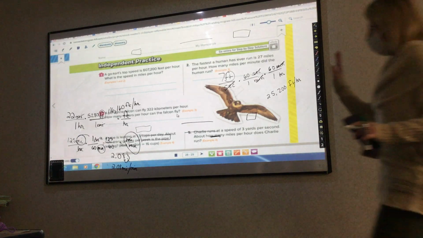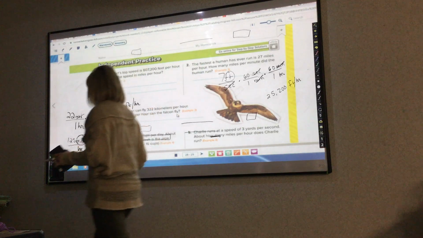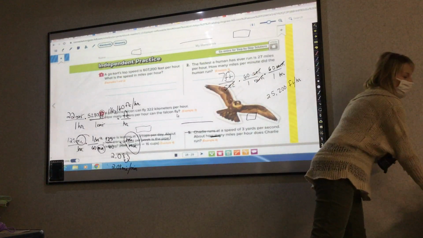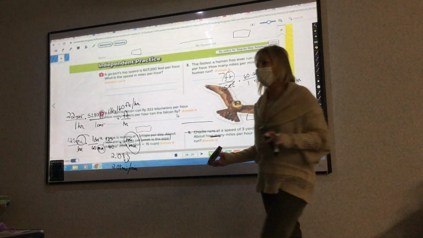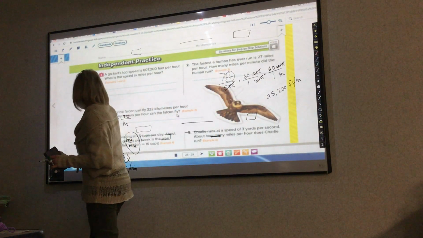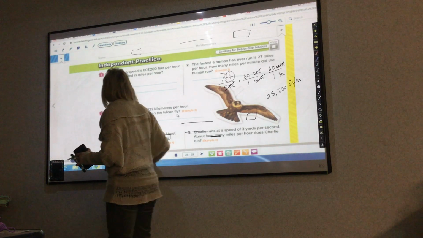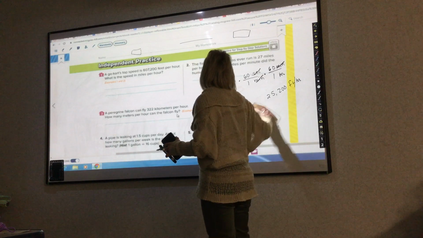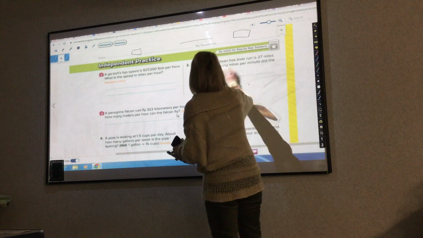You're going to do all of this page, so that's 1 through 6, and then you're going to turn the page and just do number 7. So the only numbers you have to do are independent practice, 1 through 7. Make sure you are showing your work, underlining in the story problem, boxing it in the story problem.